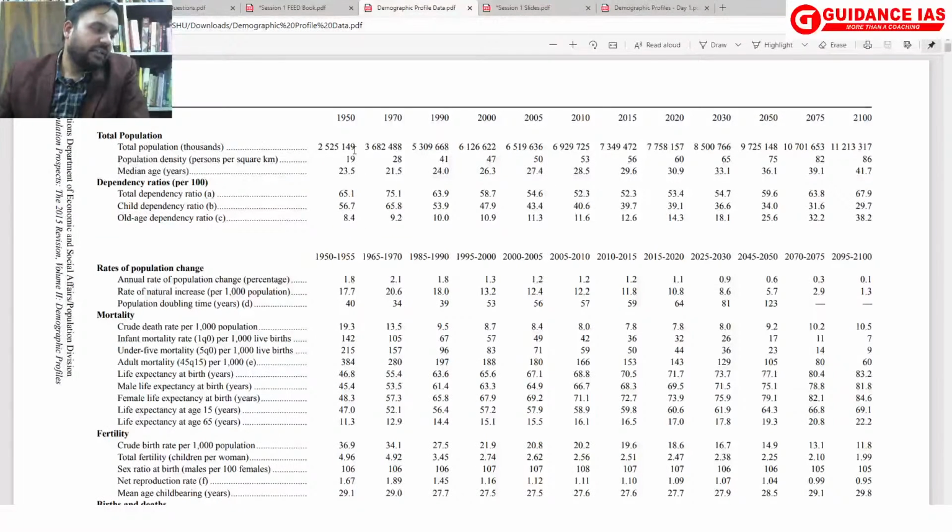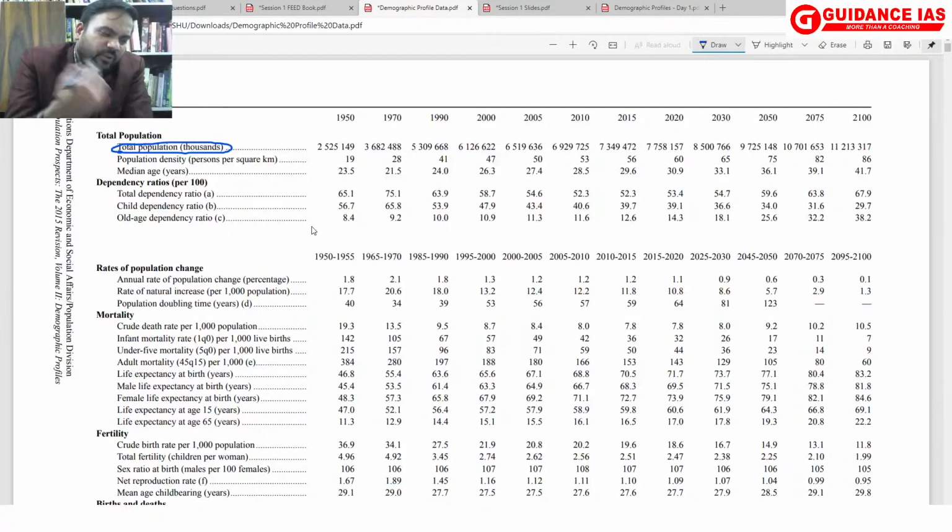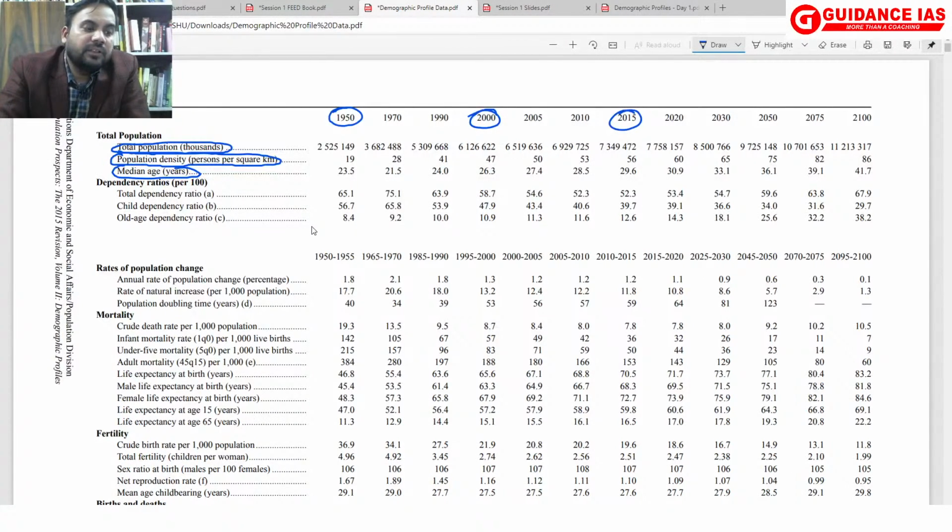Like for example, take the case of world. So I'll just focus upon, for example, total population, how it has grown. It is given in thousands, you just remember in billions. Population density, age. Okay, and remember a few years. There is a lot given here, so you can remember 1950, then you can directly move on to 1990 and 2000, then you can directly move on to 2015. Okay, similarly in mortality you can remember some things, like crude death rate, infant mortality rate, in fertility the crude birth rate and the total fertility, that is TFR.